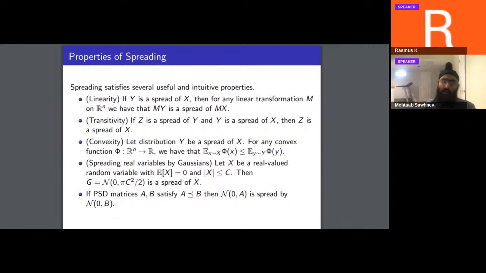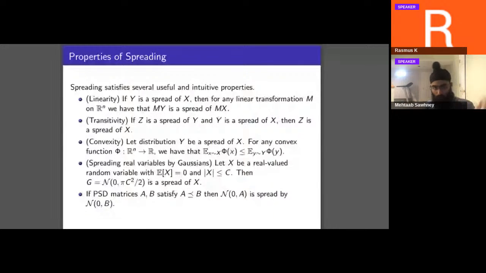The way I'm going to get Gaussians out is, the first fact I'm going to use is that if you have any real valued random variable which is mean zero and bounded, so in particular it's between c and minus c, then that random variable is spread by some Gaussian. The way to see this is that any such bounded random variable is spread by some two-point distribution, in particular by putting half mass at minus c and half mass at c, and then an easy computation shows that the two-point random variable is spread by the appropriate Gaussian.